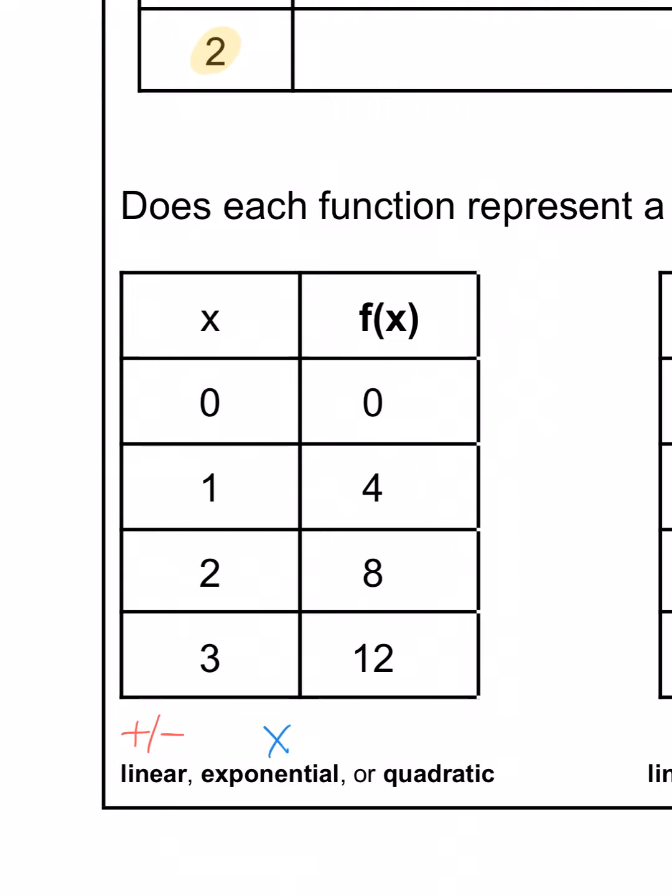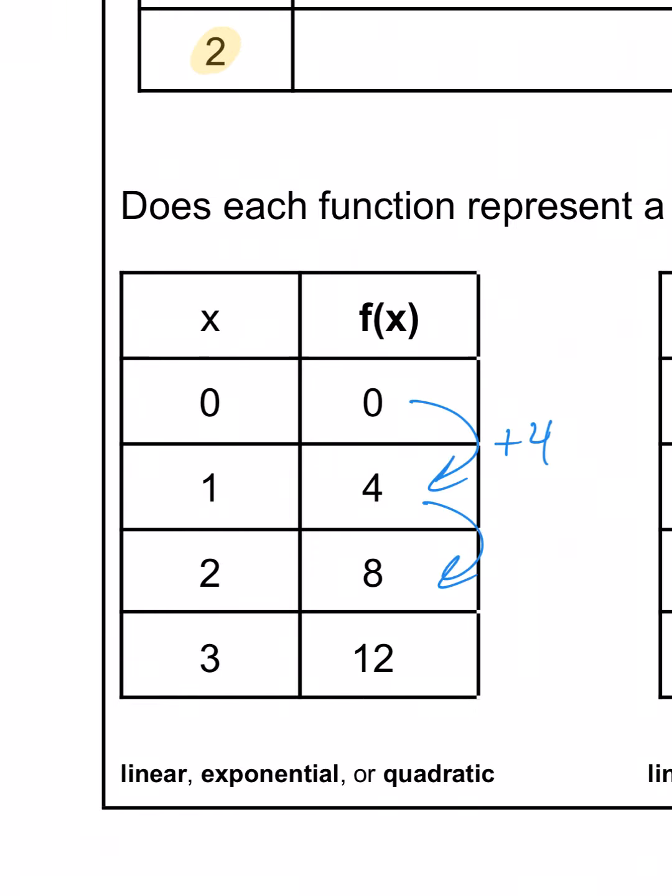So let's see if we can notice the pattern. When I take a look at these values, the x is increasing by 1. Let's take a look at the y values, the f of x values. All right, I notice that we are adding 4 each time.